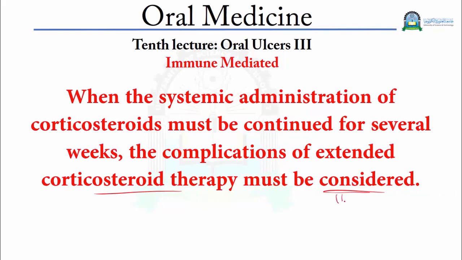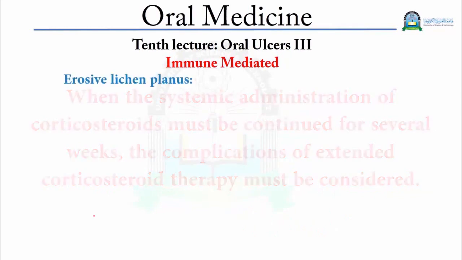So you need to evaluate and monitor the patient's random blood sugar for diabetes, as well as the hypertension status of the patient. So long-term use of corticosteroids should be monitored and evaluated for their complications.